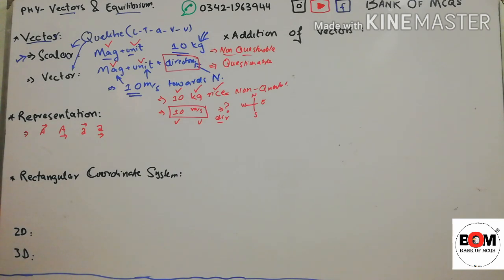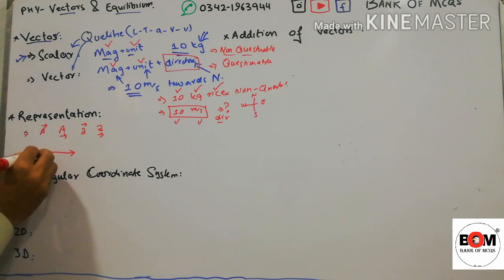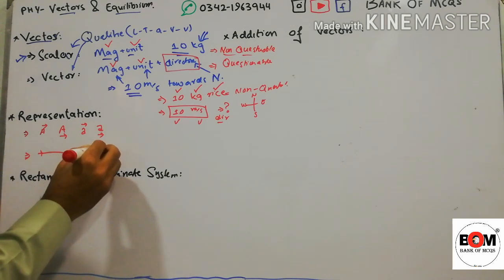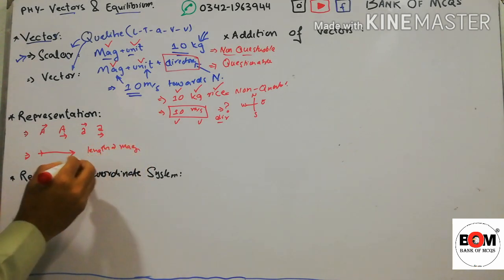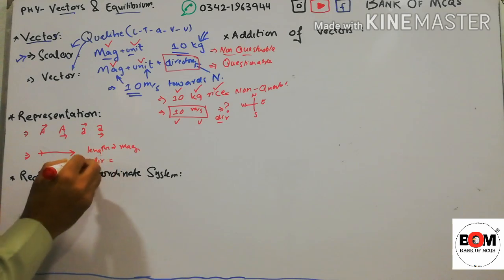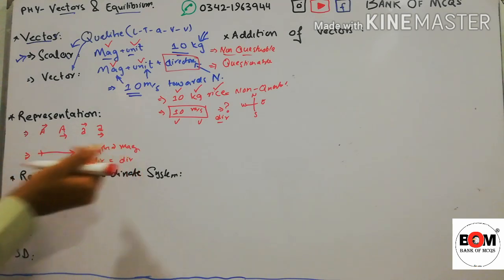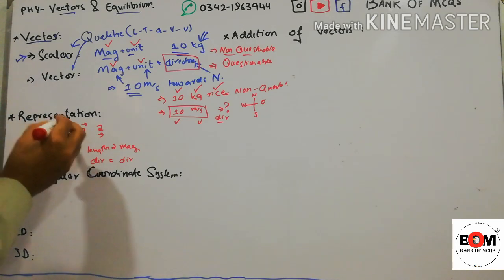The next way is to represent the vector by drawing an arrow. The length of the arrow will show the magnitude, while the direction of the arrow will show the direction.